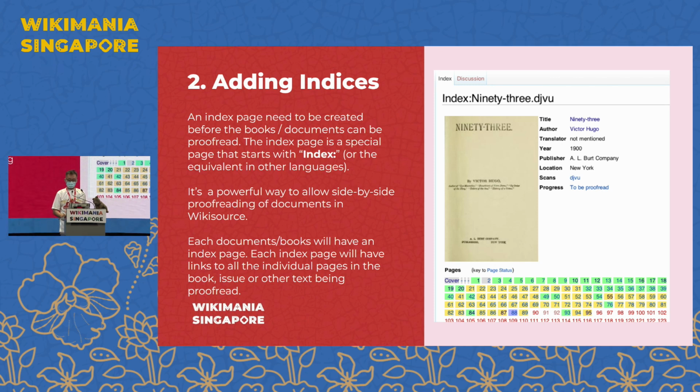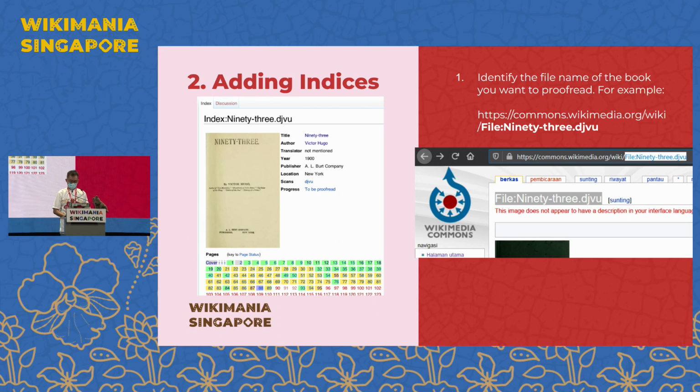It's not that hard to create index pages. All you need to do is copy the file name. For example, you could use the file name of the books you uploaded earlier. Or you can search for one of the many documents or books available in Wikimedia Commons and copy their file name, either from the address bar or from the title page.